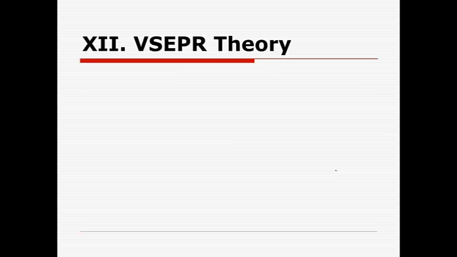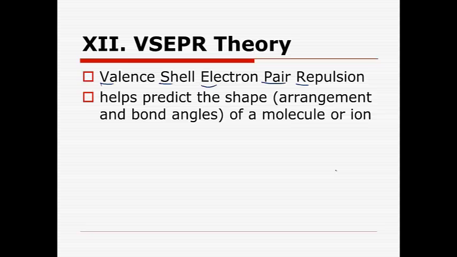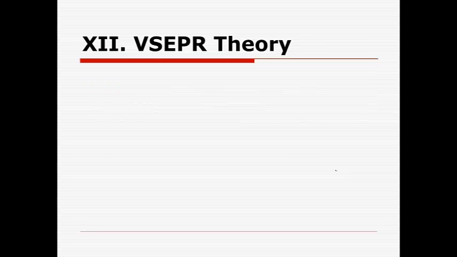Okay, so what is VSEPR Theory? Well, it simply stands for Valence Shell Electron Pair Repulsion Theory. What does that mean? Well, this basically helps you predict the shape, or the actual arrangement and the bond angles, of a molecule or a polyatomic ion.